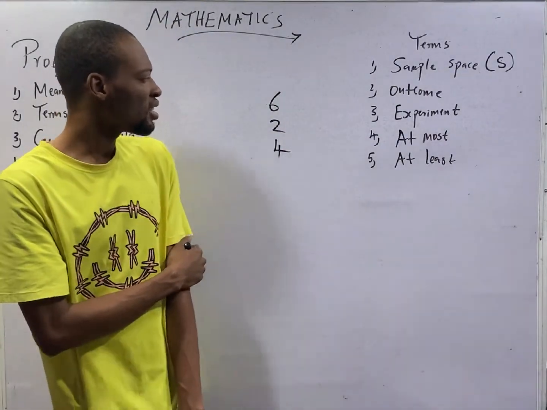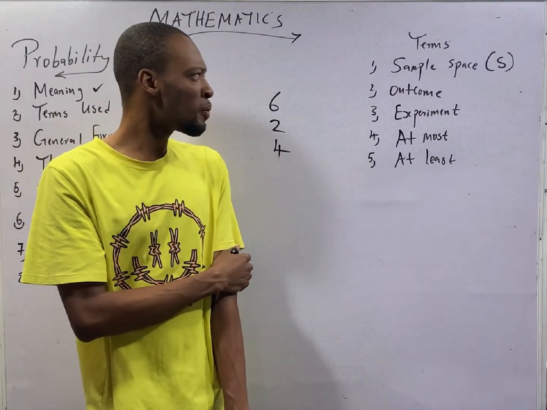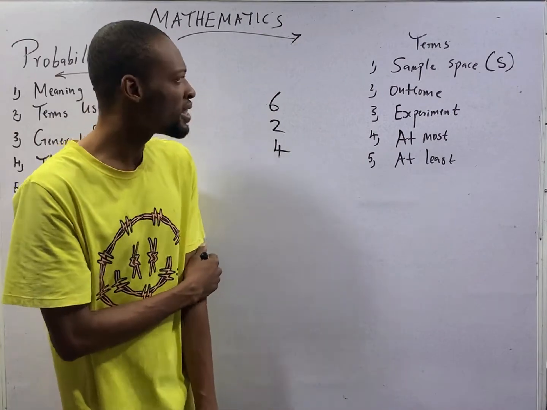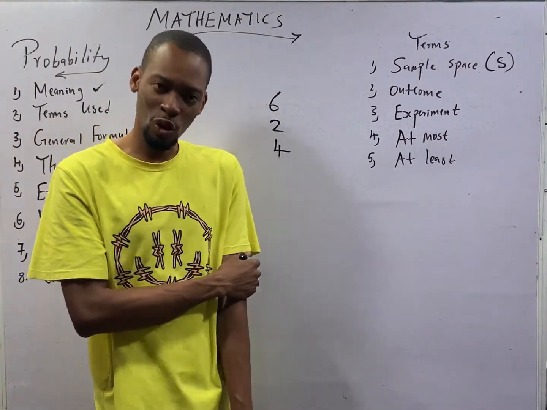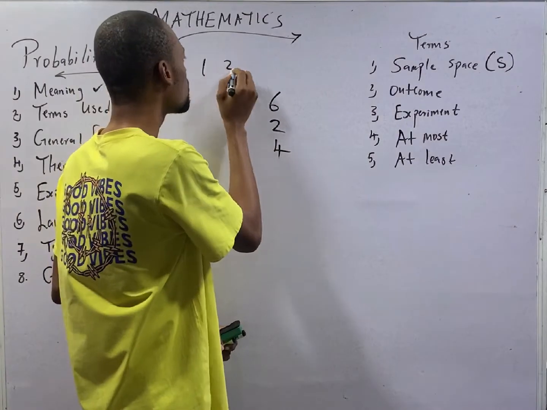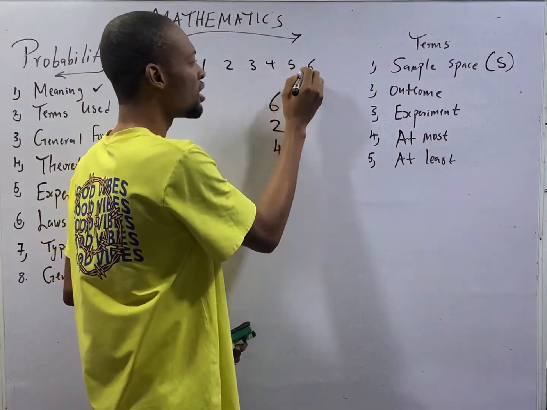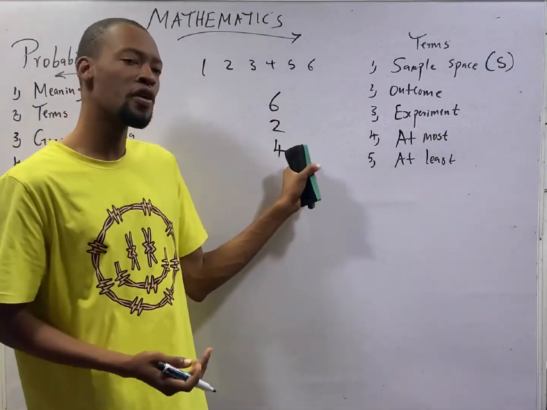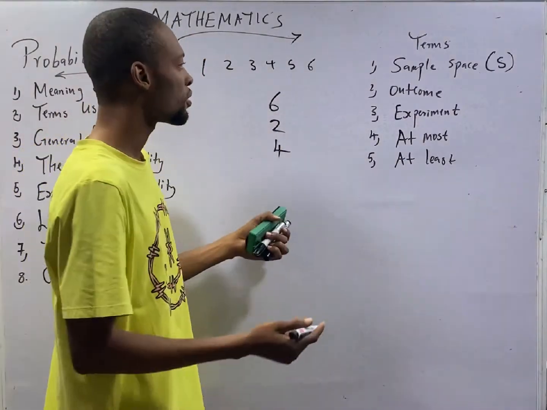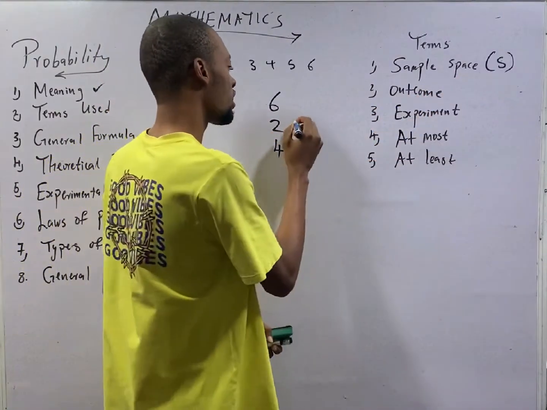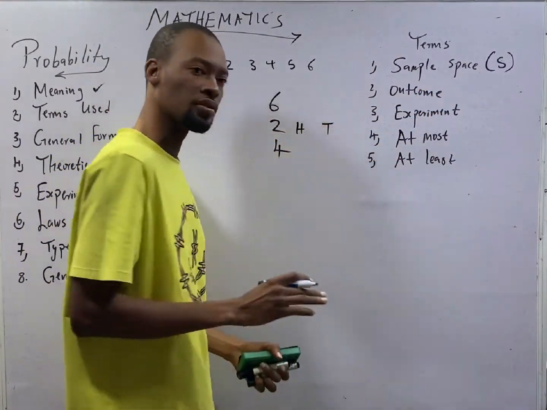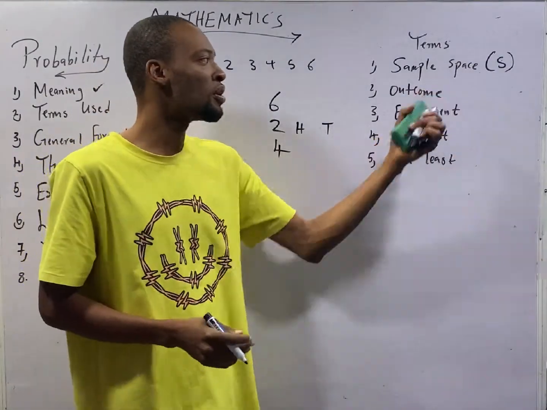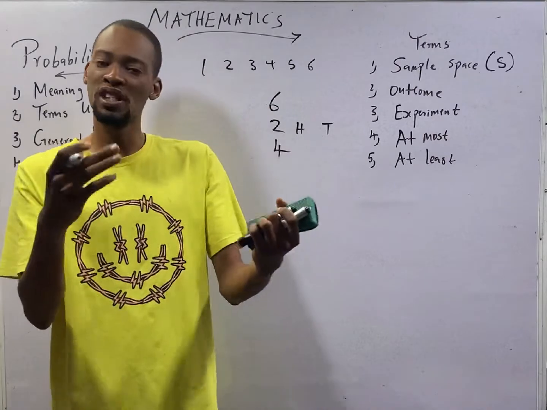Looking at this, outcome is somehow looking like sample space, but it is not sample space. For sample space, when you throw a die once, you are getting 1, 2, 3, 4, 5, 6. For a coin, the sample space is head or tail. But for outcome, you count: how many sample space do we have?